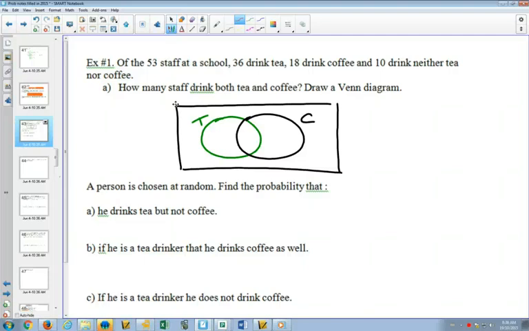We'll start putting in some numbers. 10 drink neither tea or coffee. Put that in there. 36 drink tea, 18 drink coffee. How would you like to figure this one out? This is one of those where the next number isn't given to you directly. I'll give you some time to put the numbers in.